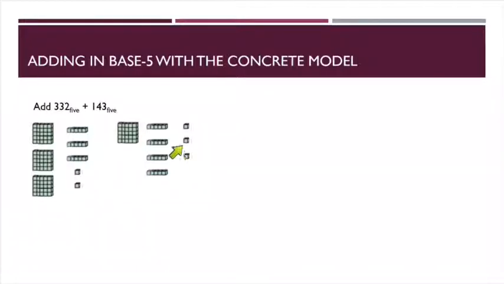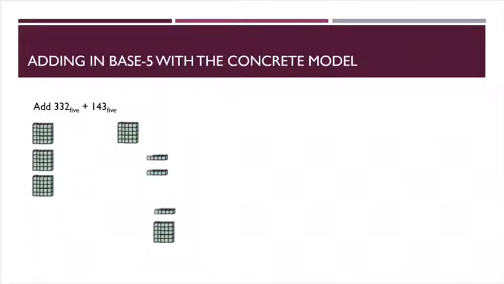So for units, we have 1, 2, 3, 4, 5. Well, those 5 could be combined into 1 long. So let me put a long there. And now we have 1, 2, 3, 4, 5 longs here. So I'm going to take these 5 longs and combine them into 1 flat.